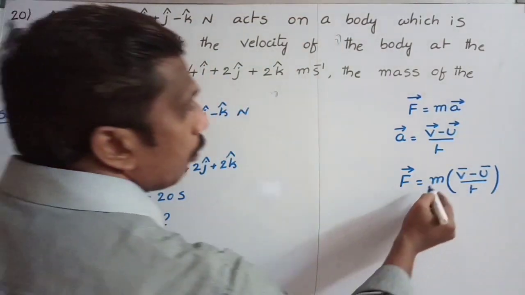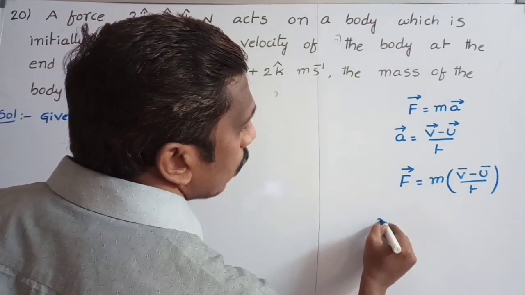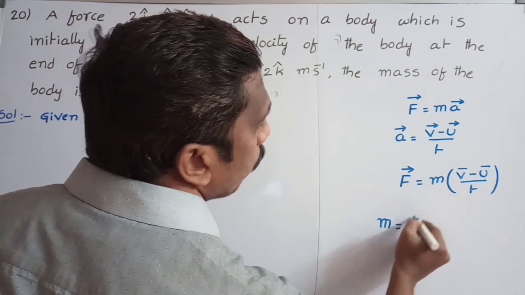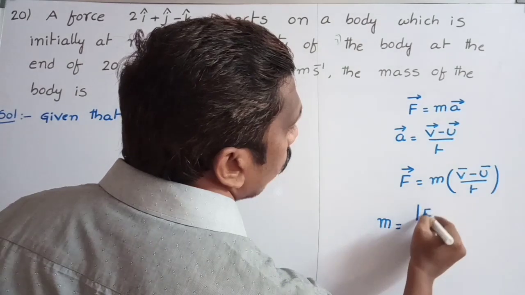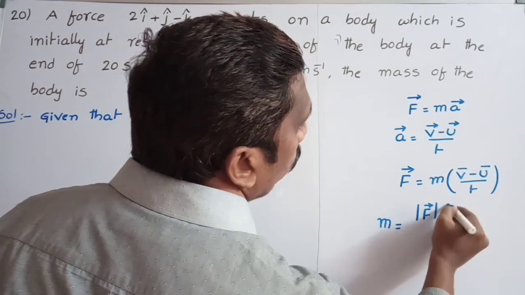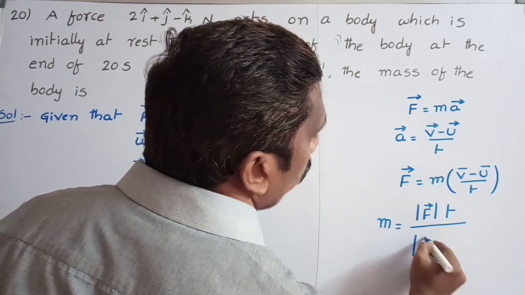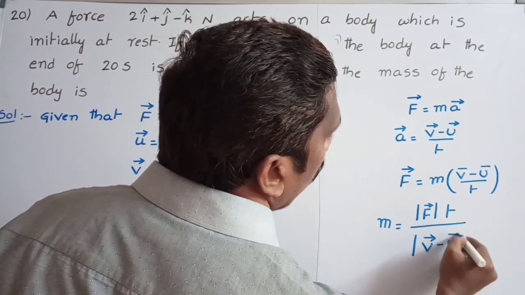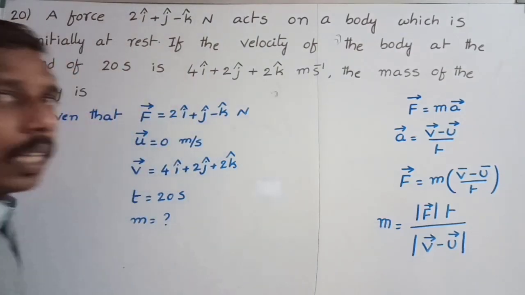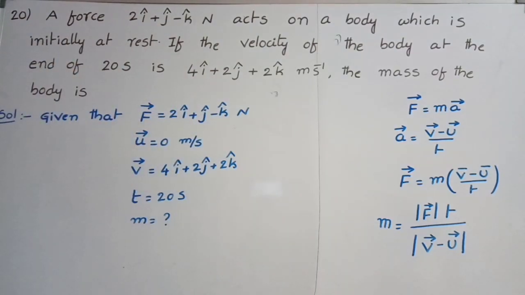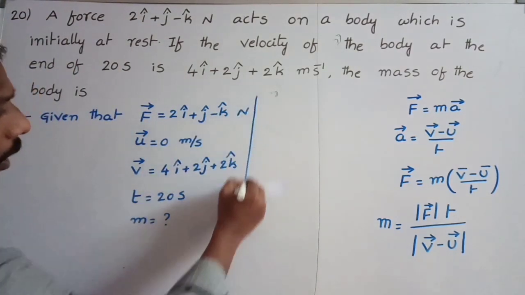From this, mass is a scalar quantity. That's why we should take the magnitude of force into time divided by the magnitude of change in velocity only, because mass is a scalar quantity.